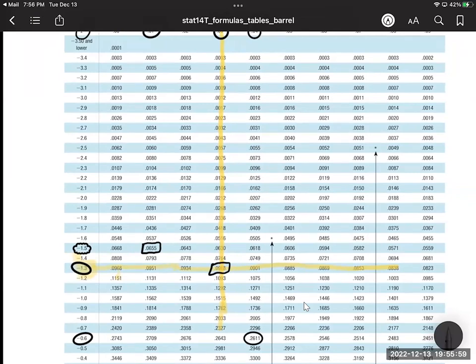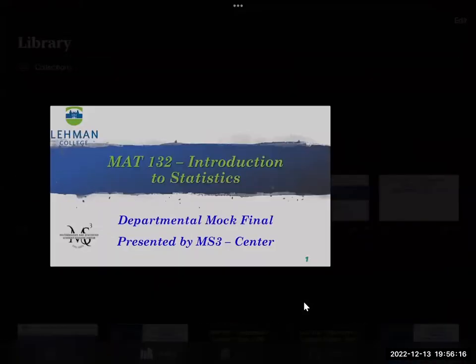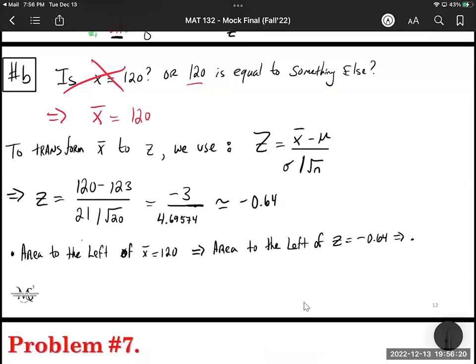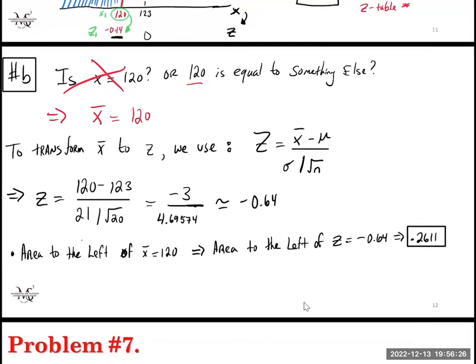Your probability is going to be 0.2611. Ruth, you probably got 0.26109 only because you might have used a different z-table. But if you round that value to 4 decimal places, you get 0.2611. All right, so that will be your solution to part B.